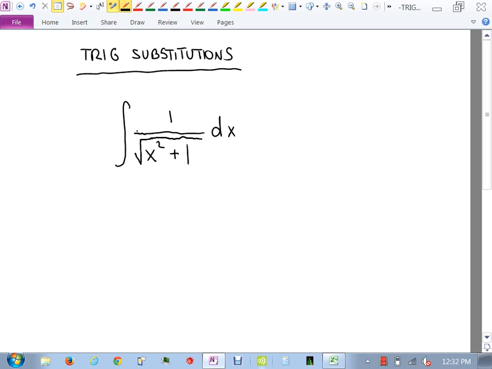Aside from integration by parts, this is extremely powerful. So here's what we're going to do. We're going to make this weird substitution. It's very awkward. We're going to say, everywhere I see an x, I'm going to replace it with tangent theta.